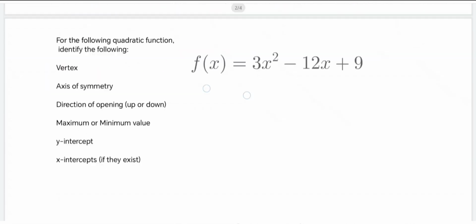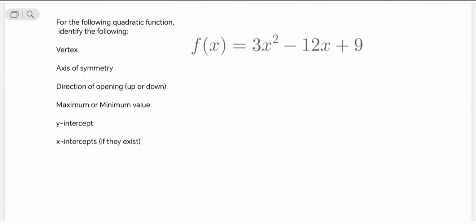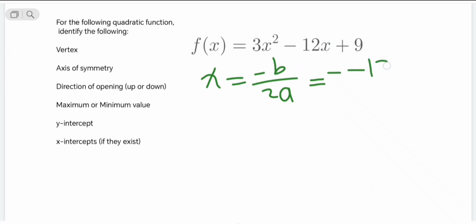Understand? Now they gave us a function. Using the function we are going to find the vertex. First of all, finding the vertex means finding the value of x and the value of y. We can find the value of x: x equal minus b over 2a. This is the formula. What is b? Minus 12, so minus (-12) over 2 times a. A is the coefficient of x square, which is 3.